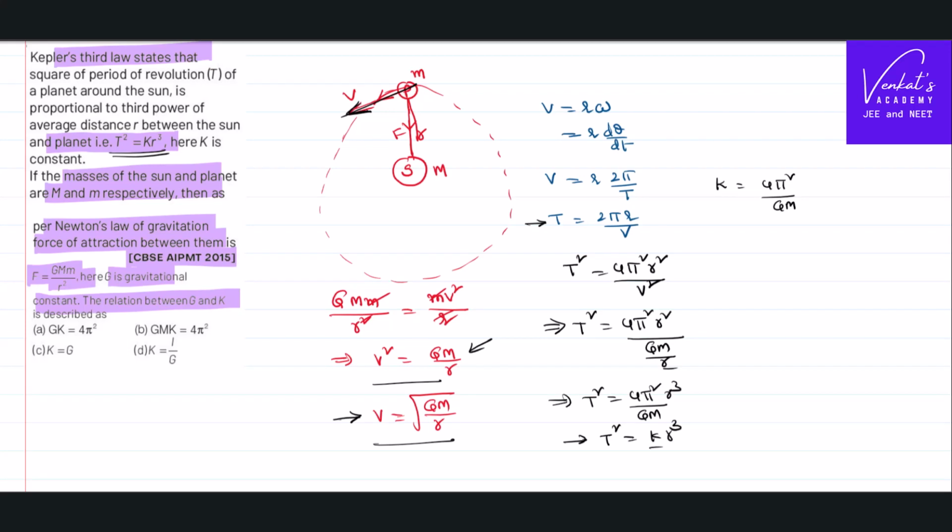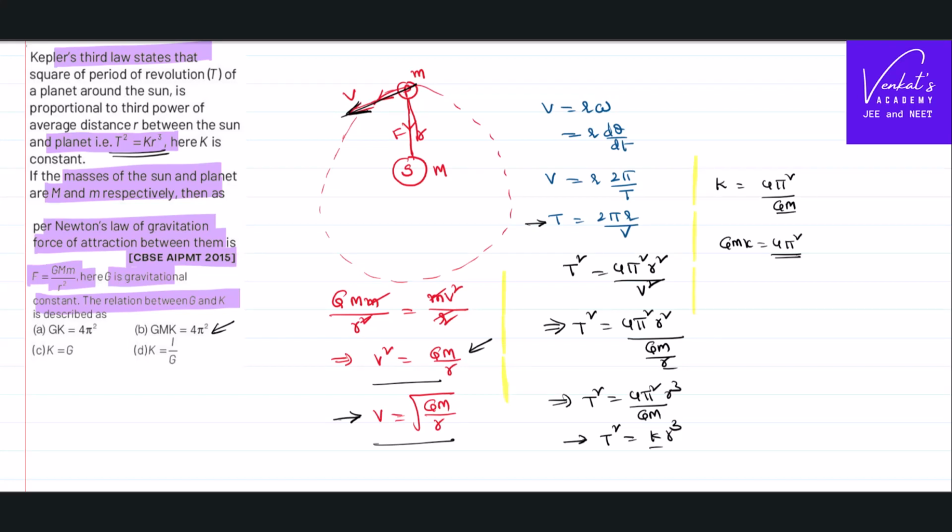Looking at the options, you want something like GK or GM into k. Let us take GM to this side, it becomes GM into k equal to 4 pi square. That option is available, so obviously that is the right answer.